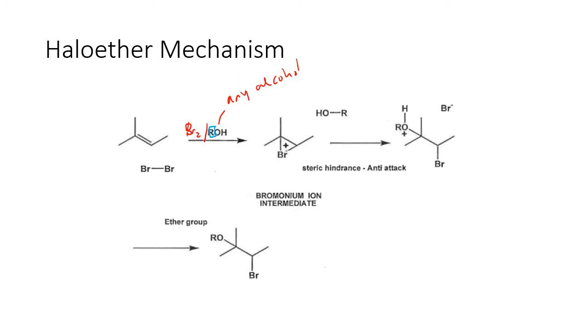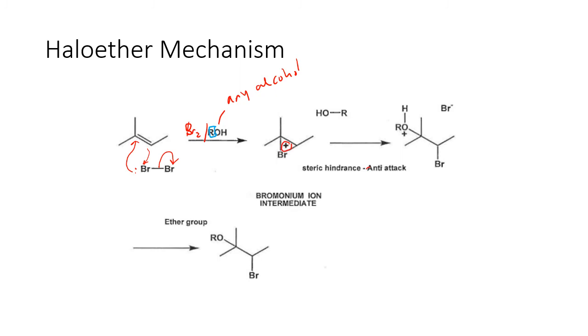So starting off, our alkene attacks the bromine. A lone pair of electrons on one of the bromines goes back and attacks where the carbocation will be forming, giving us the bromonium ion intermediate. The covalent bond breaks. The electrons go with bromine to form a bromide ion that leaves. We end up with our three-membered bromonium ion intermediate. There's a positive formal charge.